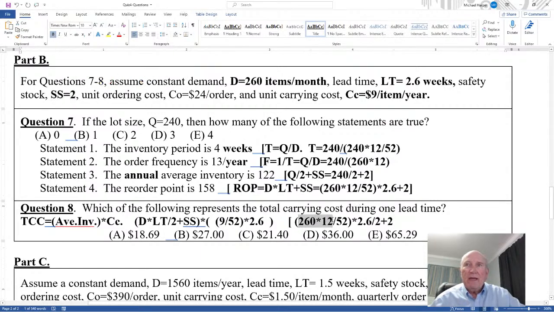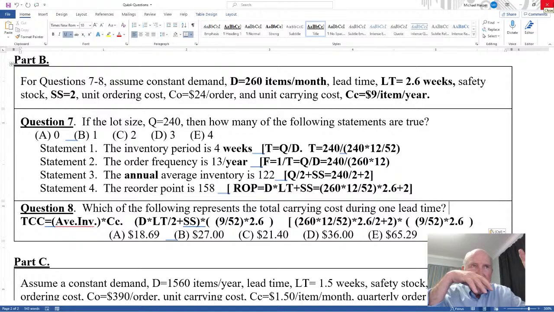That's my demand per week times 2.6 weeks, my lead time, over 2, plus my safety stock. Then I multiply by this right here. It's conversion and making sure you get the average inventory, so this last question puts two or three things together. Again, just the mechanics.